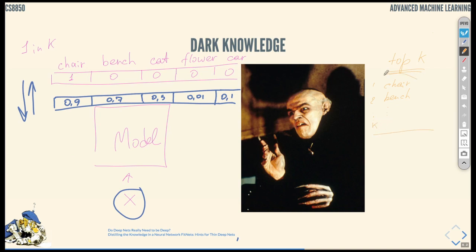Then we say the model is correct if the correct class is within the top k. So that's it.